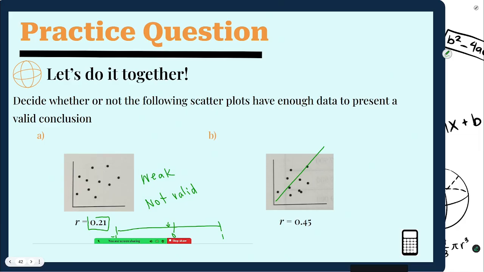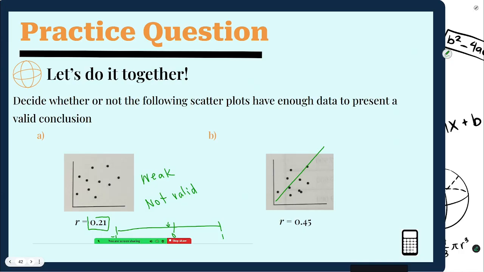We could say that there might be something behind this study. However, when we look at our R value, if we were going to put money on this and back it up, put our job on the line, we wouldn't feel that confident because it's not a strong enough correlation.